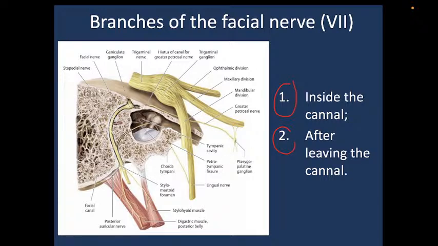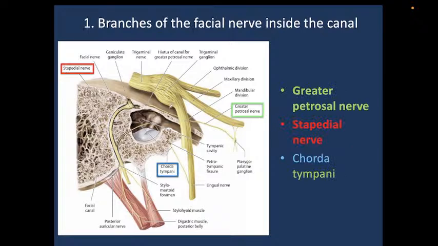All branches in the facial canal we will discuss using this figure, and you see three main branches of the facial nerve inside the facial canal. The first one is called the greater petrosal nerve.